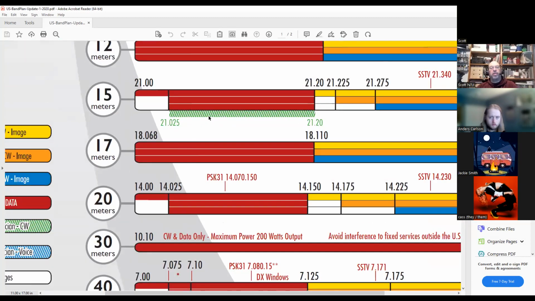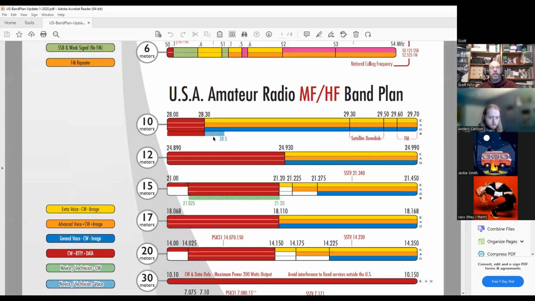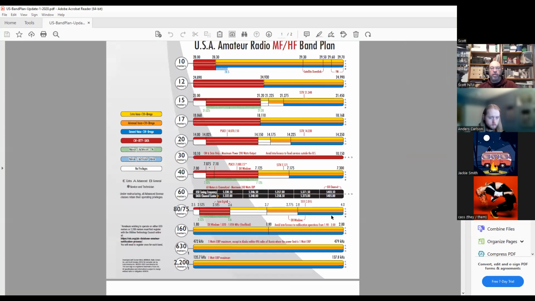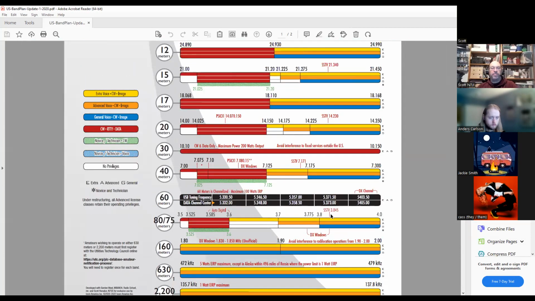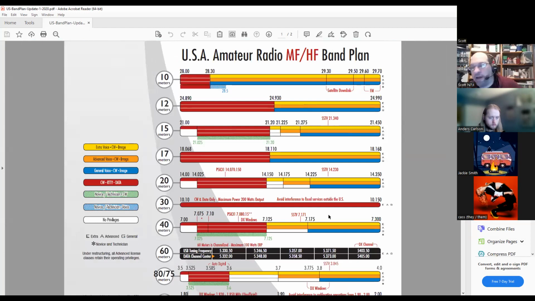It gives you the green hatch on 15 meters, and it gives you the blue hatch on 10. General gives you some part of every frequency band on HF. And as a general, you can also give technician class license exams as a volunteer examiner. Oh, nice.